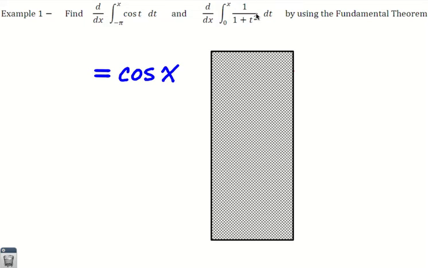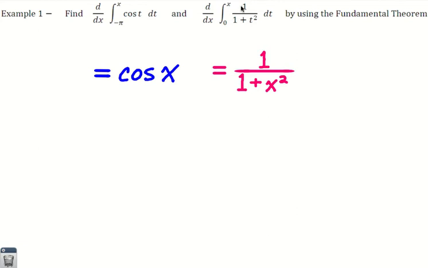Same thing over here. 0 is just some a value, it doesn't matter what it is, and the derivative of the integral is just going to be f of x. So the final answer here is just going to be 1 over 1 plus x squared. That's it. Moving on.